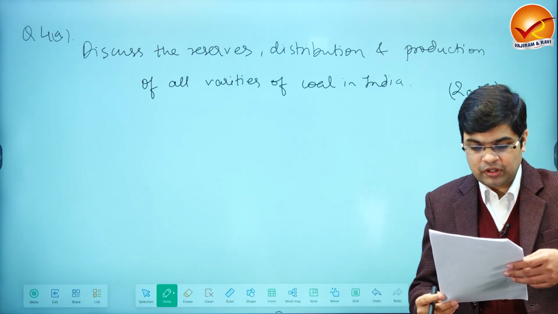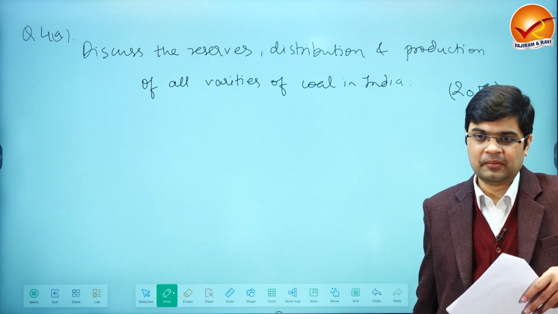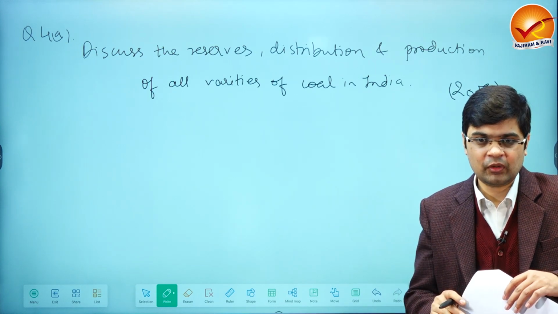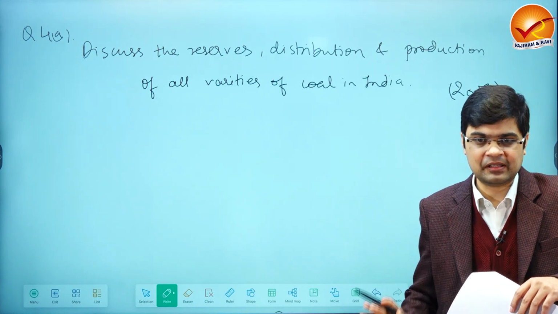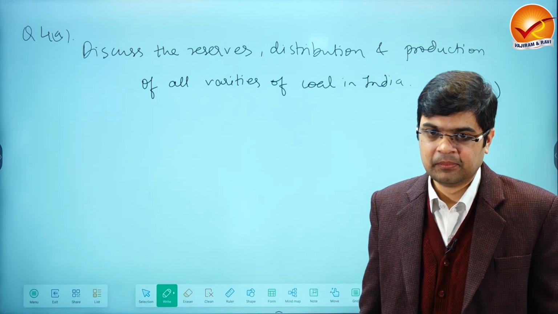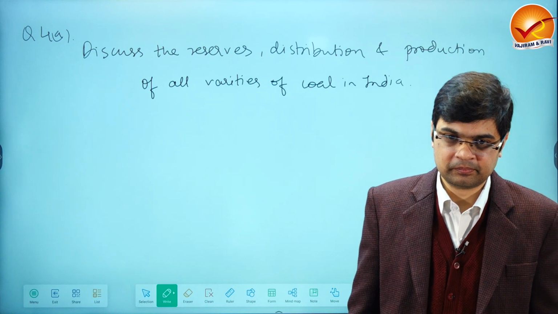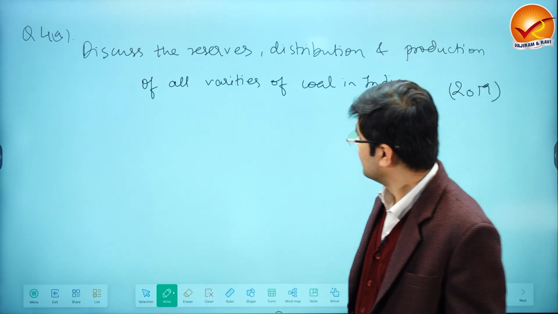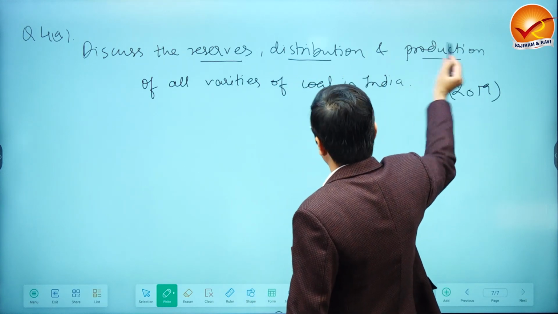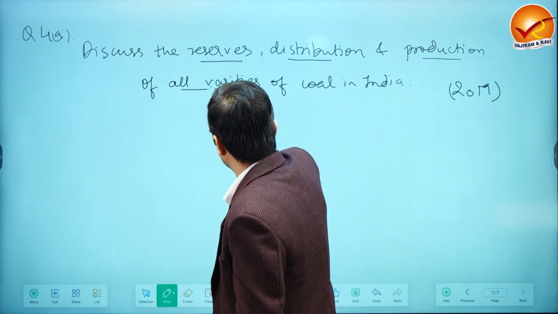Discuss the reserves, distribution and production of all varieties of coal in India. Again, a simple, straight question. 20 marks. Question on the expected lines. Three: reserves, distribution and production. All varieties.